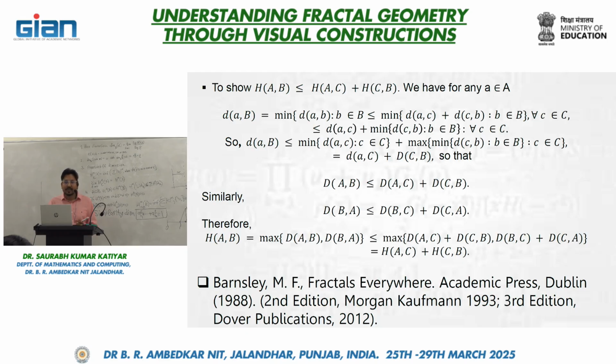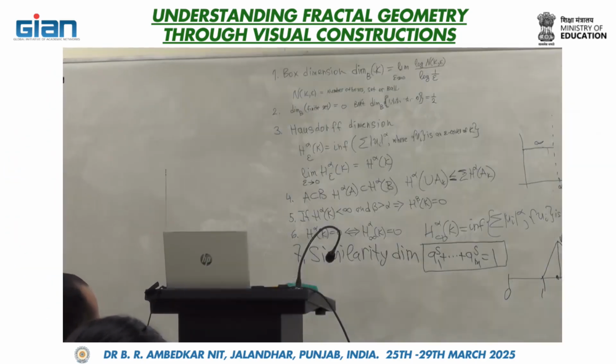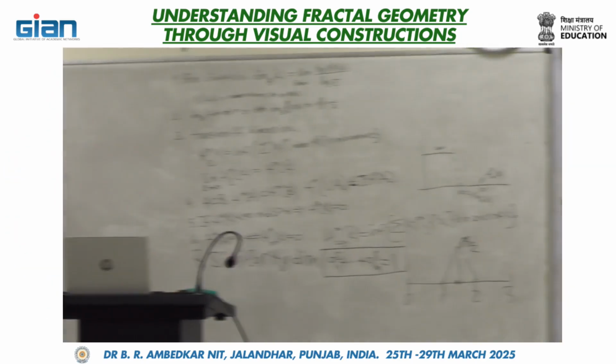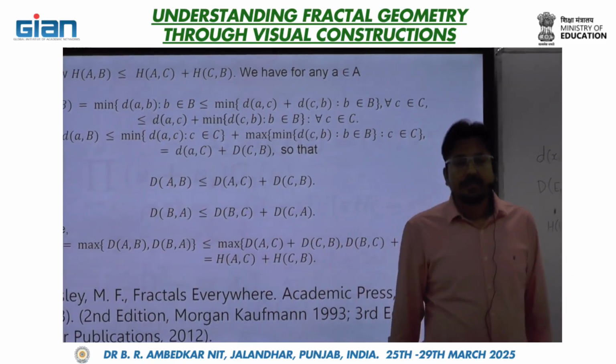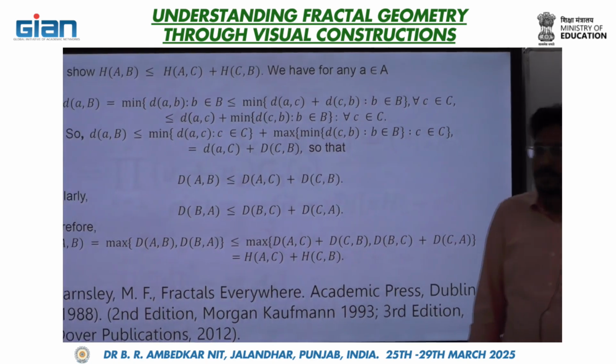And like that we can show the triangle inequality. So all of you try this in your notes. I will ask one question and then you answer me. How are you writing this step? It is straightforward, but all of you please answer me how you are writing this one.